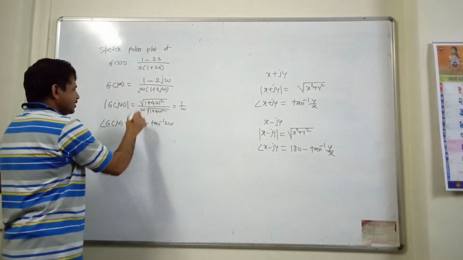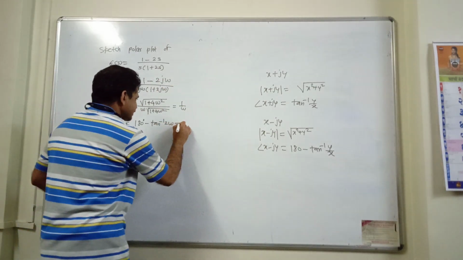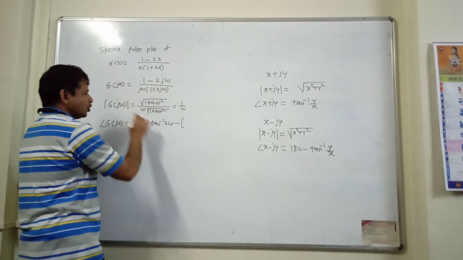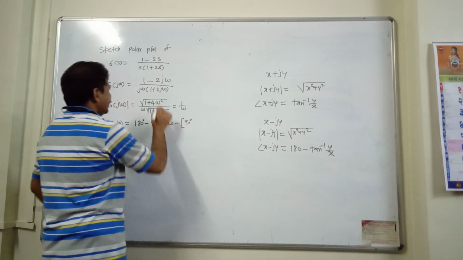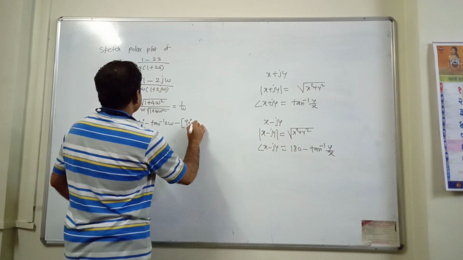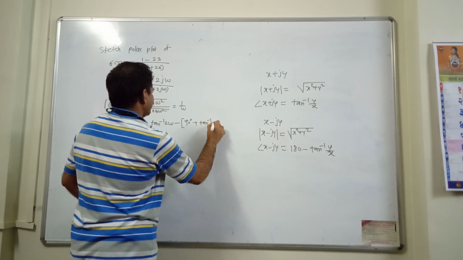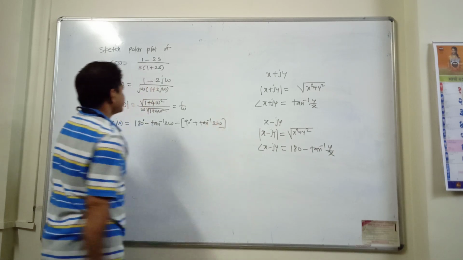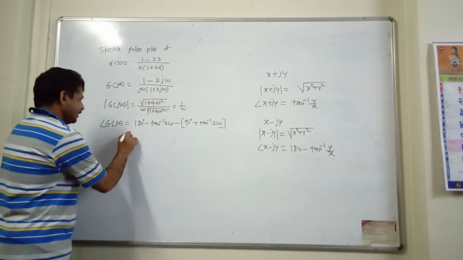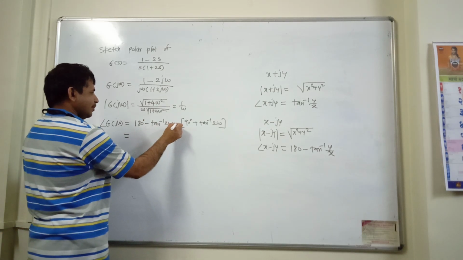So the same thing will be applied here. For this it is 180 degrees minus tan inverse of 2 omega, then minus, in the bracket, the addition of phases of the denominator. The phase of j omega is 90 degrees and the phase of 1 plus 2 j omega is plus tan inverse of 2 omega. So it is nothing but 180 minus tan inverse 2 omega minus 90.